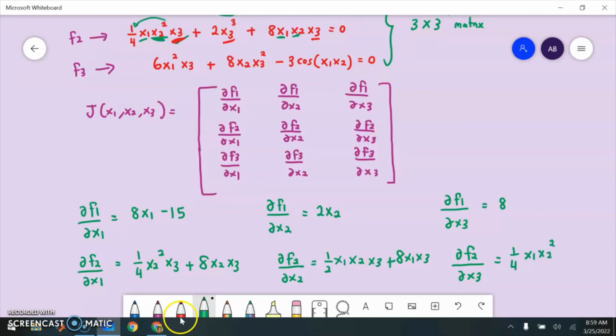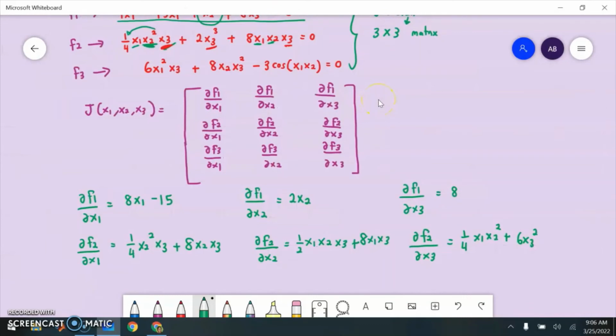Now for this one, 3 times 2, that will be 6 x3 squared. You lose one power, which is 2. Now this part here, with respect to x3, I have 8x1 x2. Great, we have done the second function.